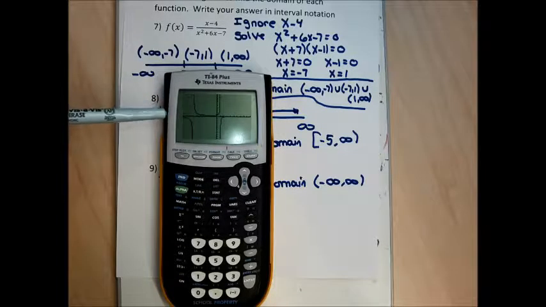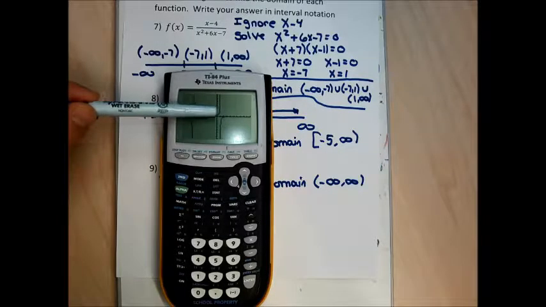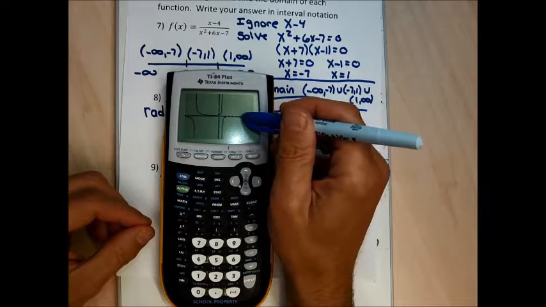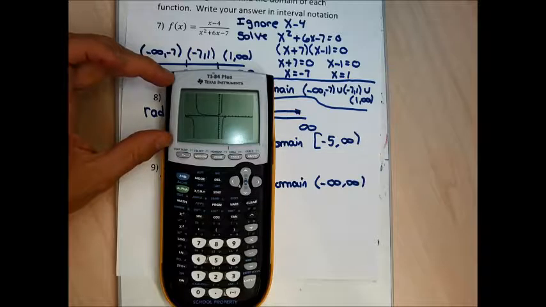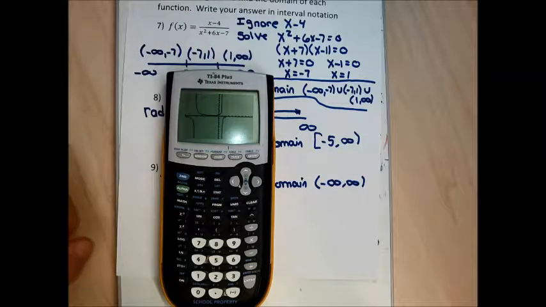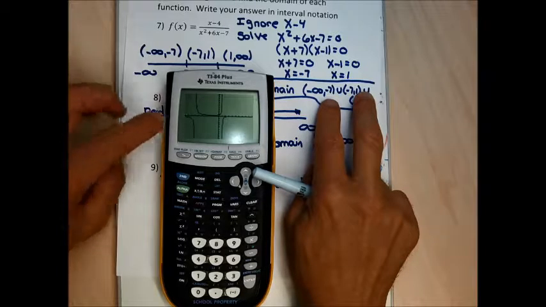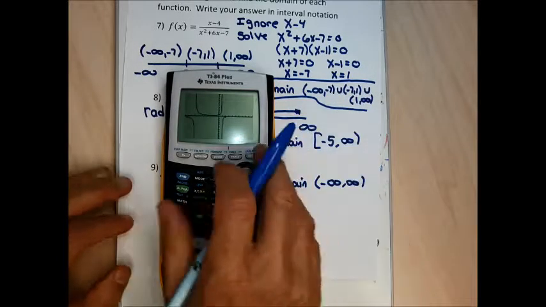So the graph exists from negative infinity to negative 7, then between negative 7 and 1, doesn't exist at 1, then from 1 to infinity, even though you can't see the graph here because it gets so close to the x-axis. So fractions, because they have breaks in their graphs, have domains that are segmented, with round parentheses because the graph doesn't exist at those breaks generally.